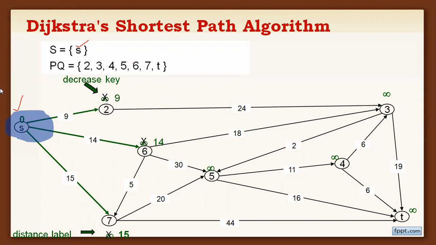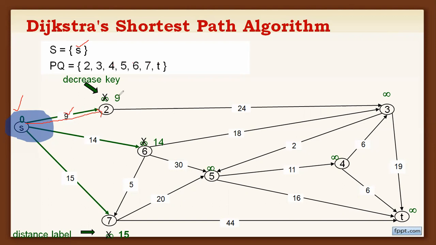Initially the cost from source vertex to destination vertex is set as infinity, but the infinity is replaced by a new update, that is 9. How does 9 come? There is a direct path from vertex S to vertex 2, and the cost of the path is 9.